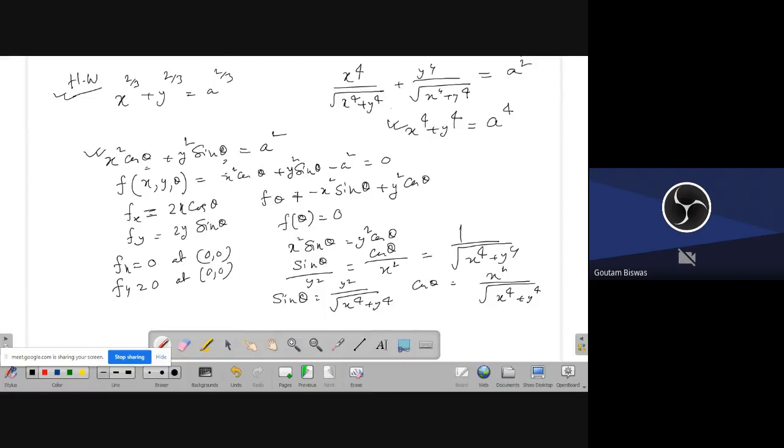That means here I am not considering the usual method, just derivative and put it equal to 0.